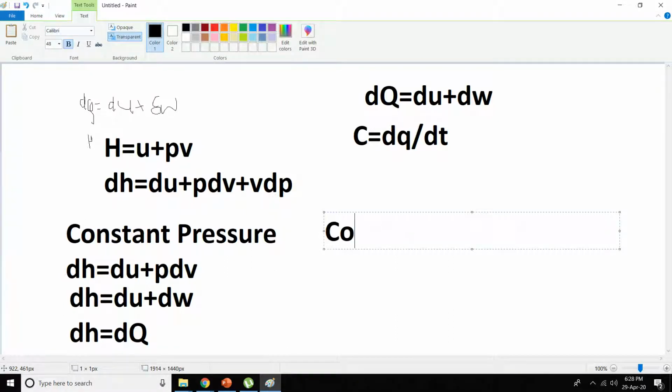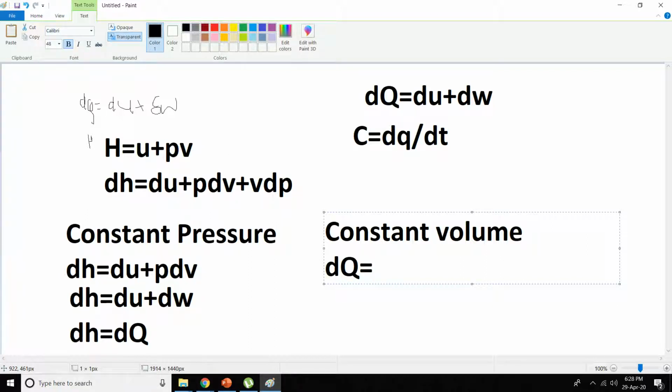Similarly, for a constant volume process, dQ will only be equal to dU, because δW is 0. At constant volume, work done is 0.